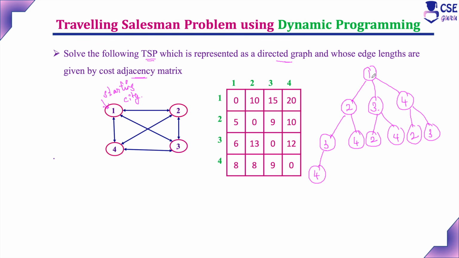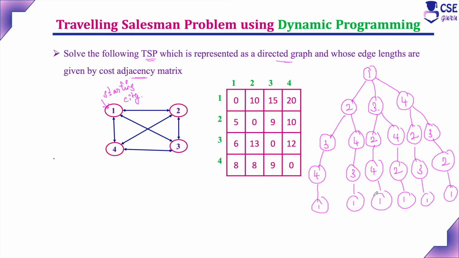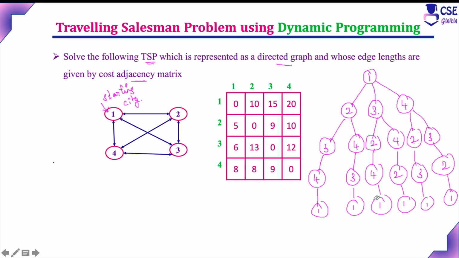Similarly, 1, 2, 4, 3; 1, 3, 2, 4; 1, 3, 4, 2; 1, 4, 2, 3; and 1, 4, 3, 2. After visiting all these cities exactly once, you have to come back to the starting city. So this is the actual logic. And this state space tree, we are constructing in reverse.